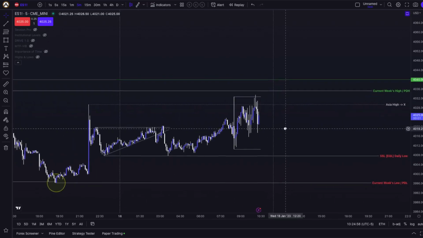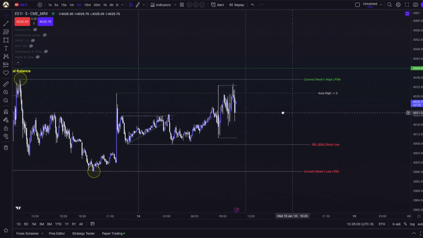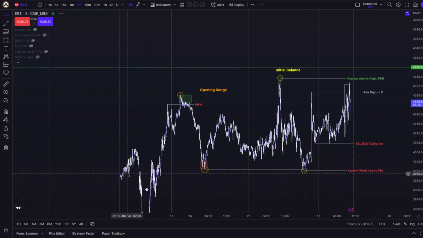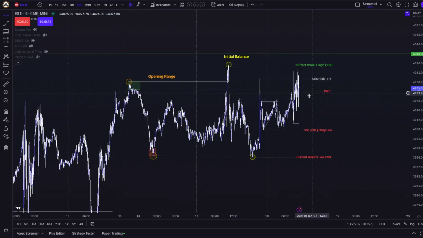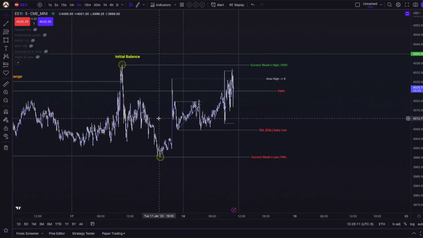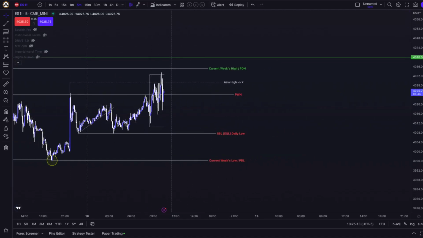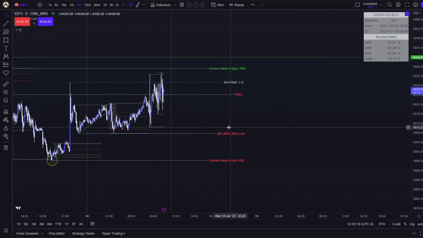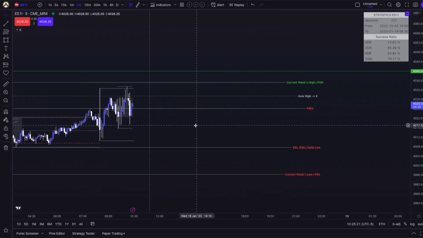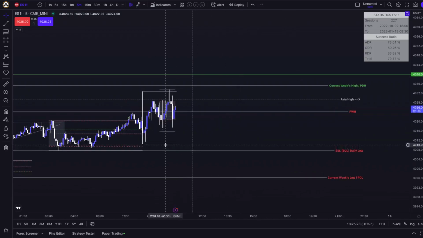So of course, it's always important to know your draws on liquidity. That's why I draw up the weekly template and at least where our previous week high and low was, depending on the setup of the weekly template. All right, we should have formed our DR very soon. And as of right now, it looks bad, if I might say so.